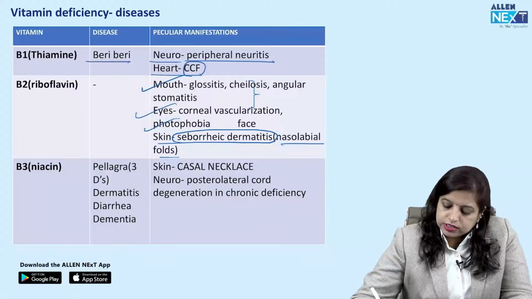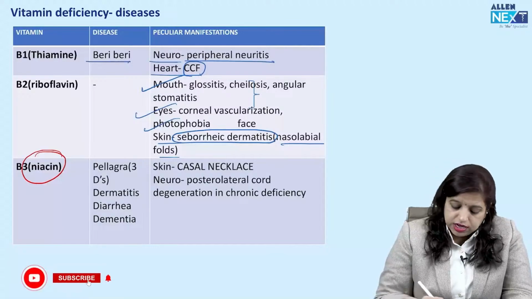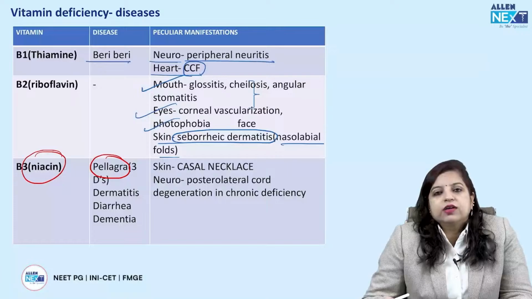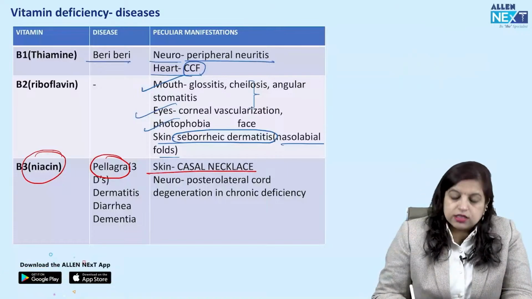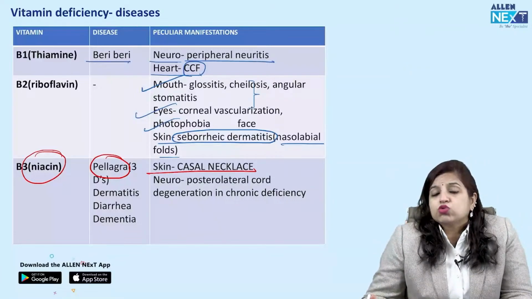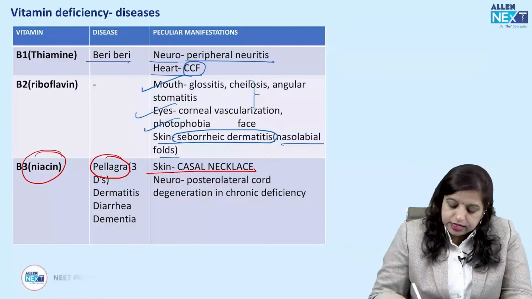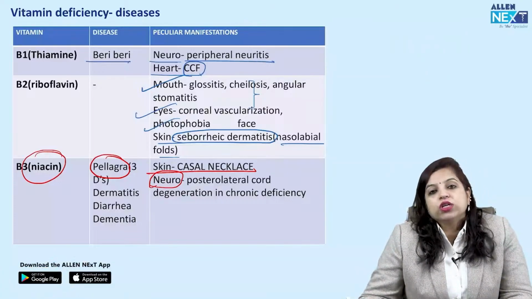Very importantly, what is asked in your exam is the niacin deficiency, also known as the B3 deficiency, where you get to see pellagra, which consists of 3Ds: dermatitis, diarrhea and dementia. And here on the skin, in the part exposed to sunlight, we get to see a photosensitive rash, seen in the form of a necklace around the neck and known as Casal necklace. Neurological manifestation would be in the form of posterolateral cord degeneration, which is usually associated with chronic deficiency, right?